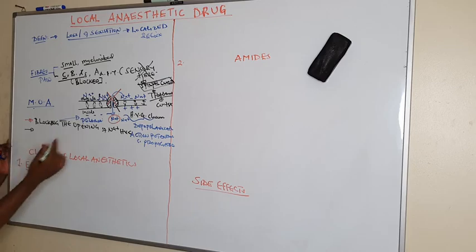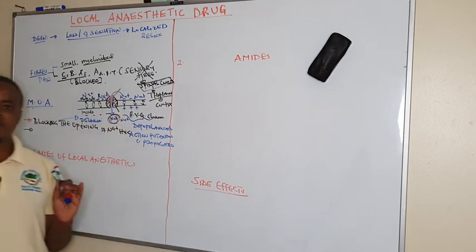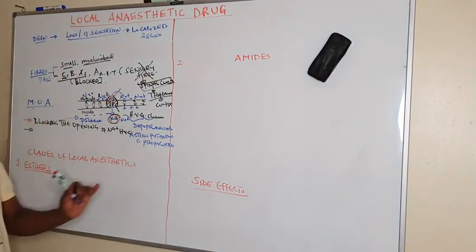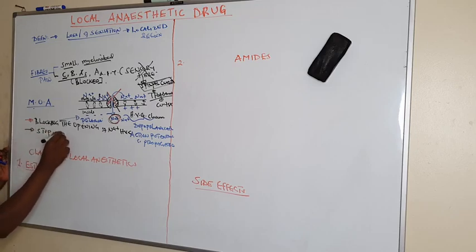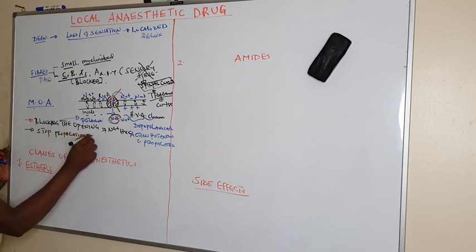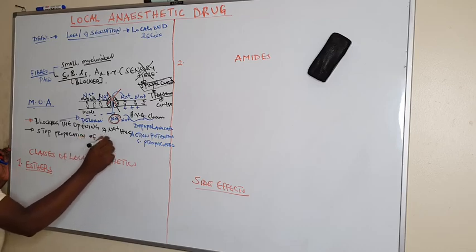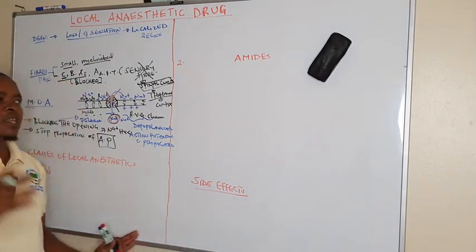Hence, the end result: when we block the influx of sodium, the inside will not become positively charged and the action potential will not be fired. So this will stop propagation of action potential. And when the action potential is not conducted, the pain cannot reach.